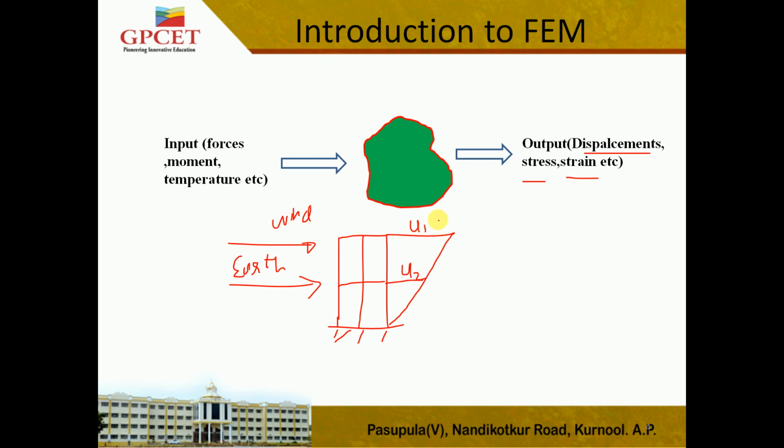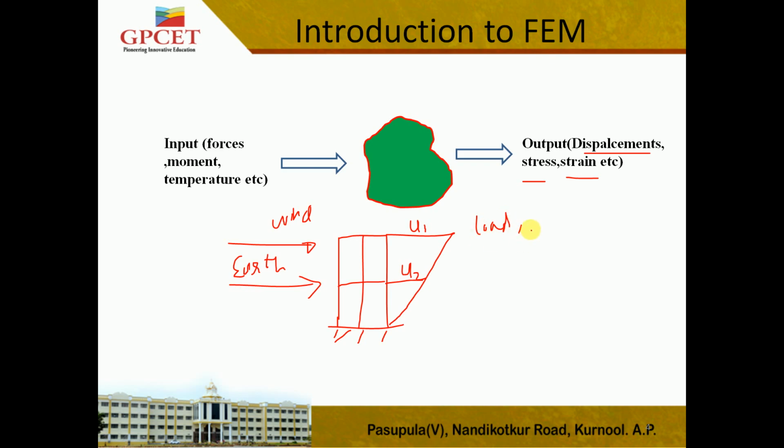If you know the displacements, automatically we can find the stresses developed in a particular beam or column. So what we have to understand is, in any civil engineering design, first we have to calculate the outputs. Inputs are loads, and loads are nothing but forces.